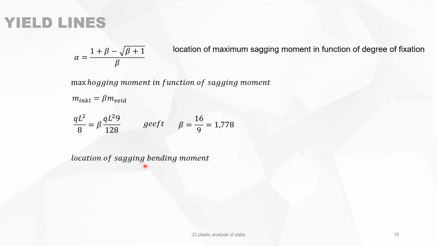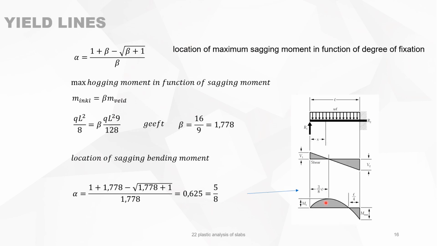Then the location of the sagging bending moment for this degree of fixation, using this formula, will be 5 over 8, which is exactly what we find in the known formulas. The location of the sagging bending moment is at 3L over 8 from the other side, so it's 5 over 8 L.